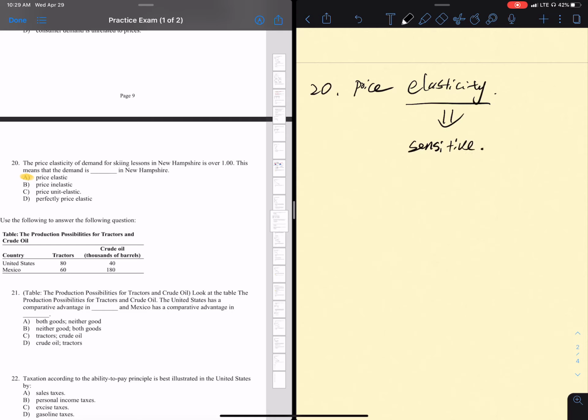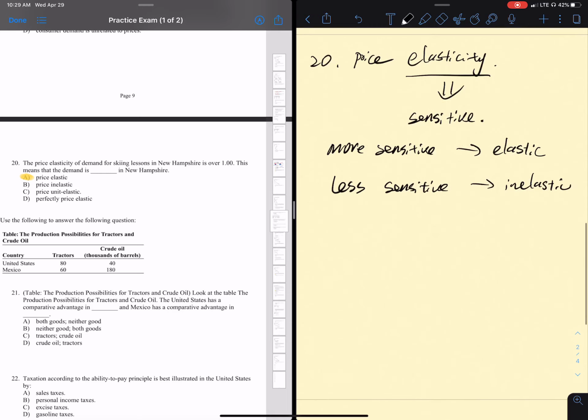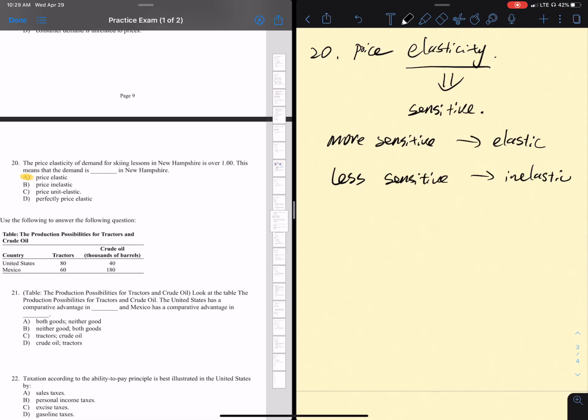If you are more sensitive, you are more elastic. If you are less sensitive, you are inelastic.